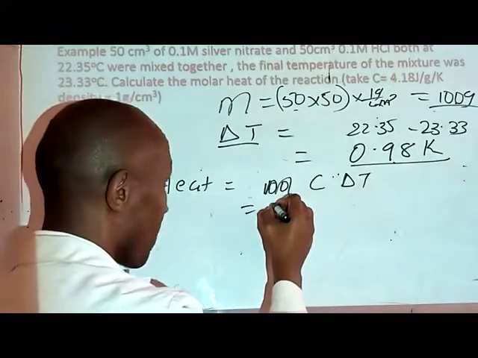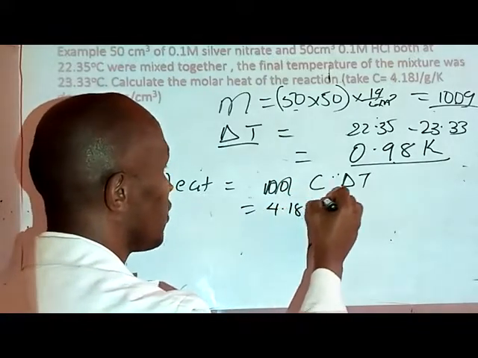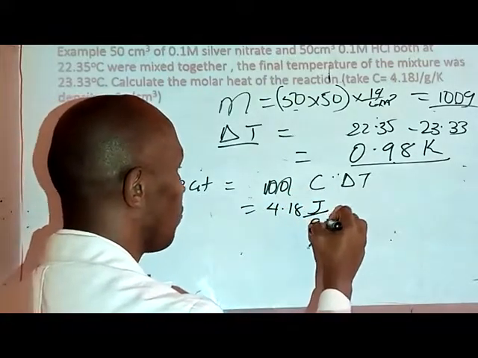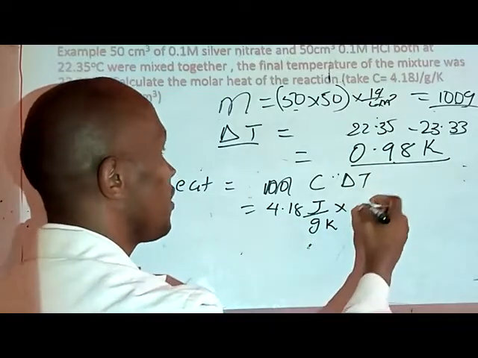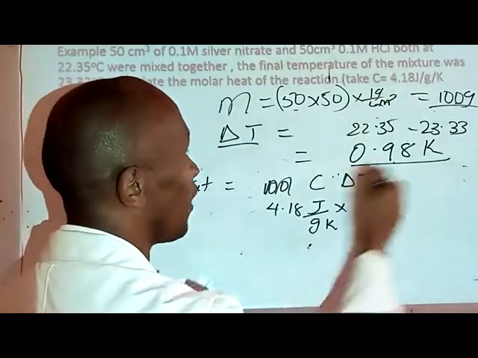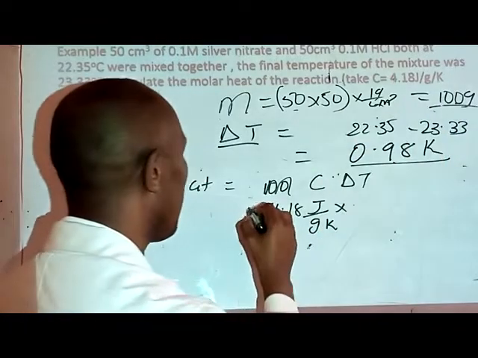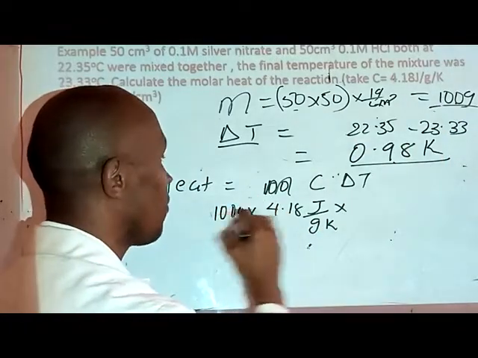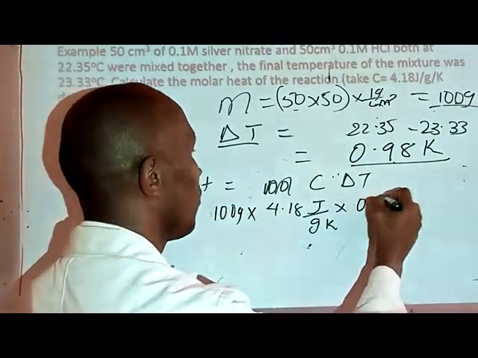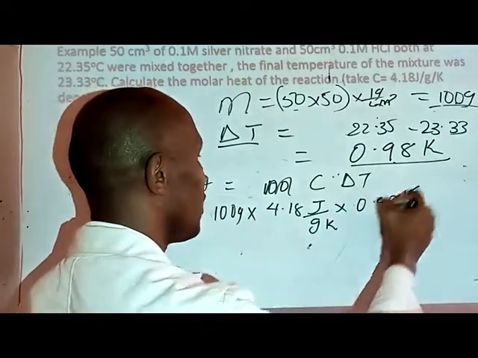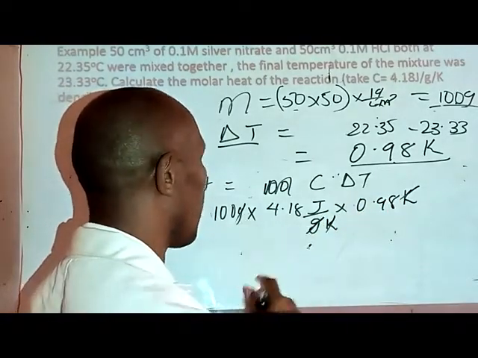M is 4.18 joules per gram per Kelvin times that, M value is 100 grams times 0.98 Kelvin. Kelvin cancels, gram cancels.